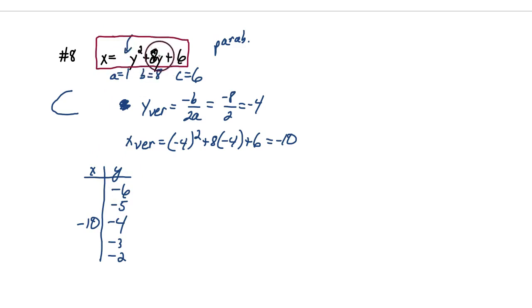This makes -24, and 9 minus 24 is -15. -15 plus 6 makes -9. Now let's put in -2. -2 squared makes 4. This makes negative 16. 4 minus 16 is negative 12, and negative 12 plus 6 is negative 6.